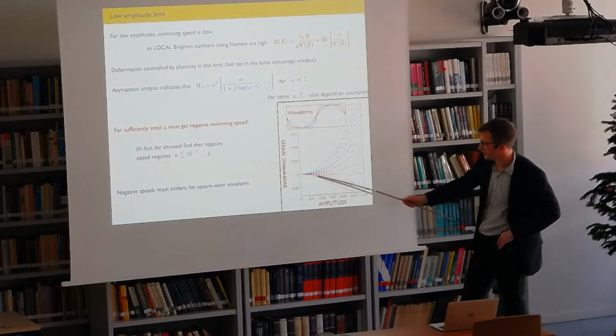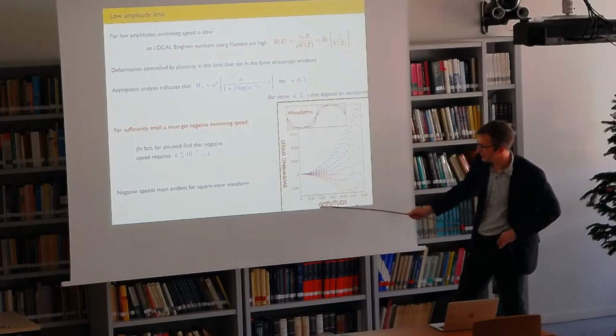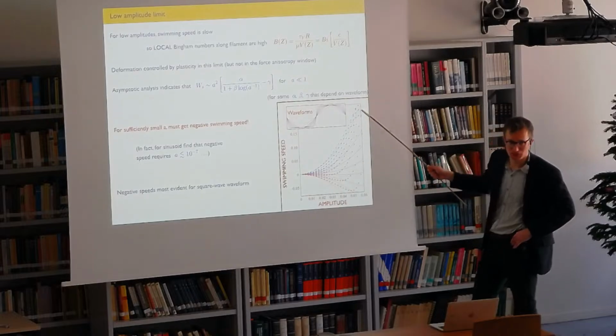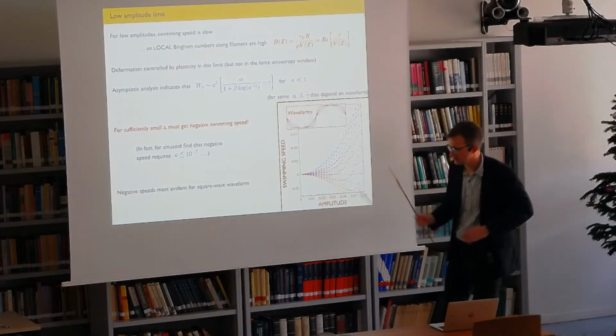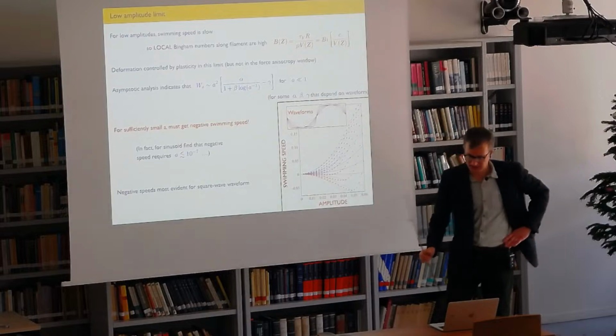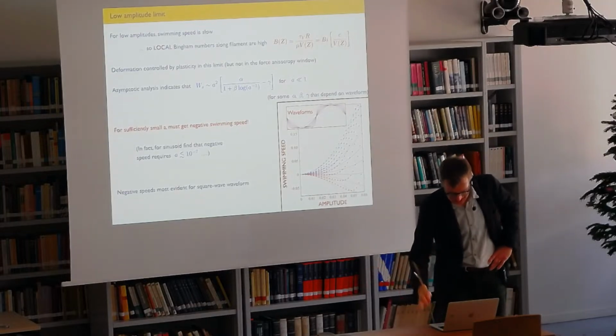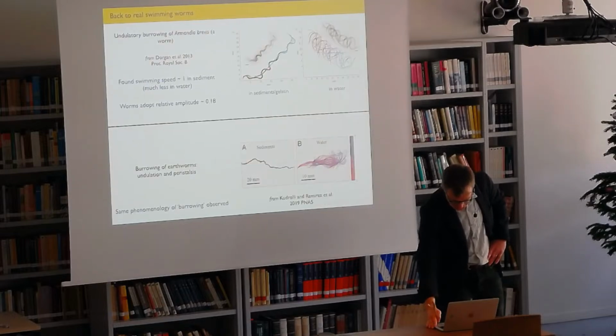These stars are numerical solutions and the lines are theory, showing the swimming speed against the amplitude. These are all small amplitudes: it starts off at 0 and then becomes negative before it increases to something positive, which is slightly weird. It's a weird plastic phenomenon, but I don't want to dwell on that too much. I don't know how much practical impact that would have.